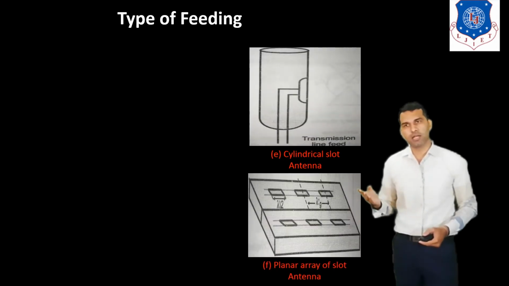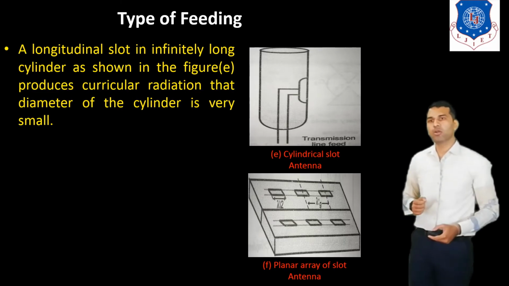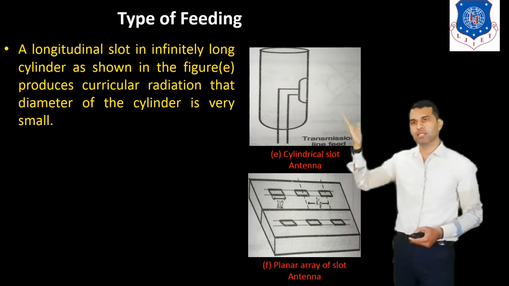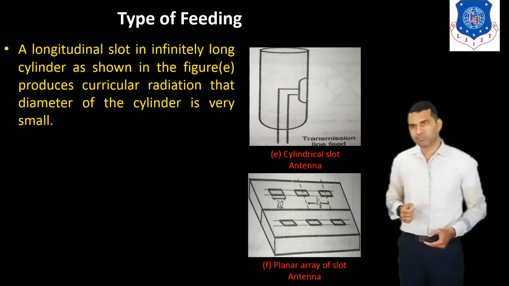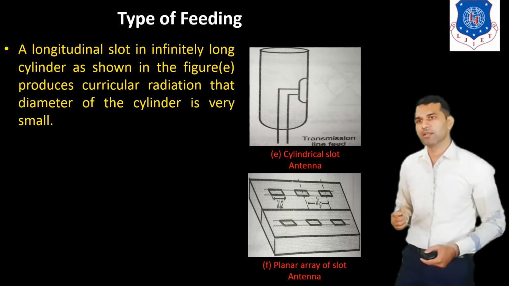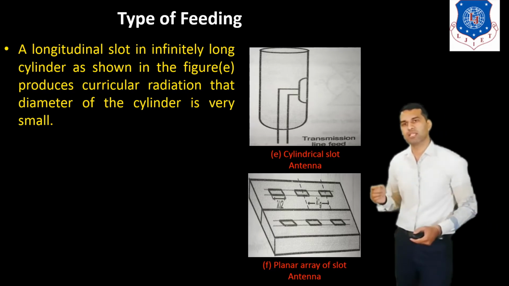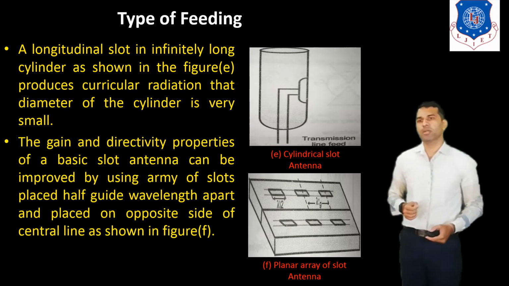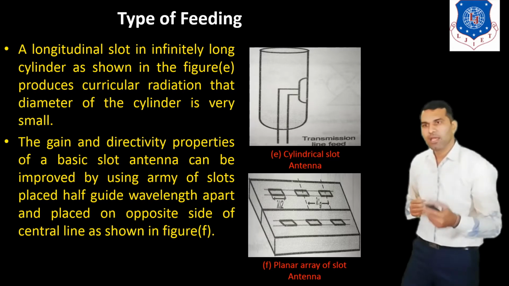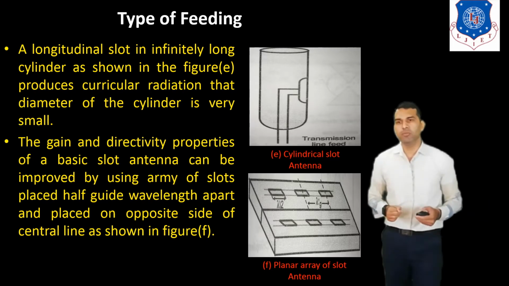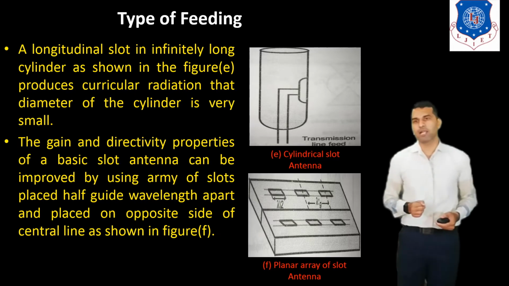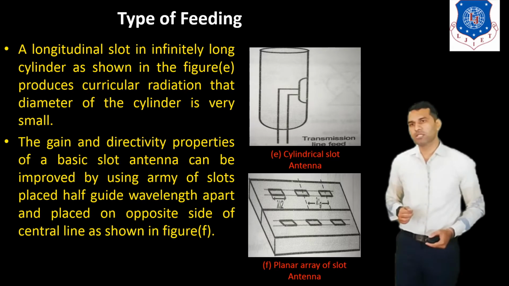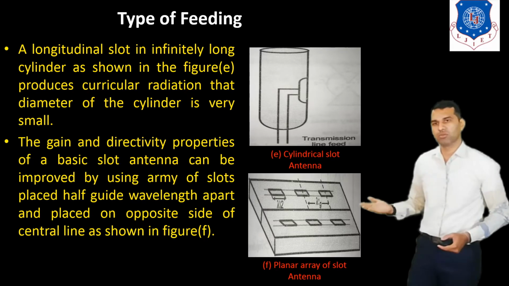Now we discuss another type of feeding. A longitudinal slot in an infinitely long cylinder as shown in figure E produces a circular radiation pattern if the diameter of the cylinder is very small. The gain and directivity properties of a basic slot antenna can be improved by using an array of slots placed half a guided wavelength apart and placed on opposite sides of the central line as shown in the figure.